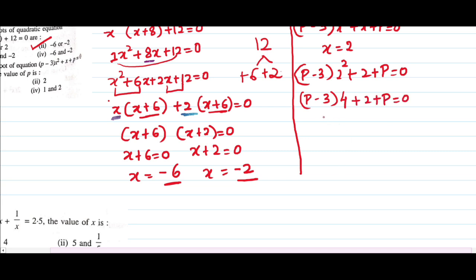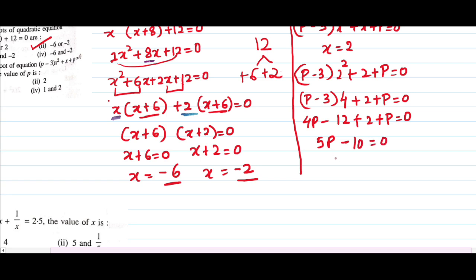Now we have to multiply the 4 into the bracket. So that is 4p minus 12 plus 2 plus p is equal to 0. If we simplify this, 4p plus p is 5p, and minus 12 plus 2 is minus 10, which is equal to 0.